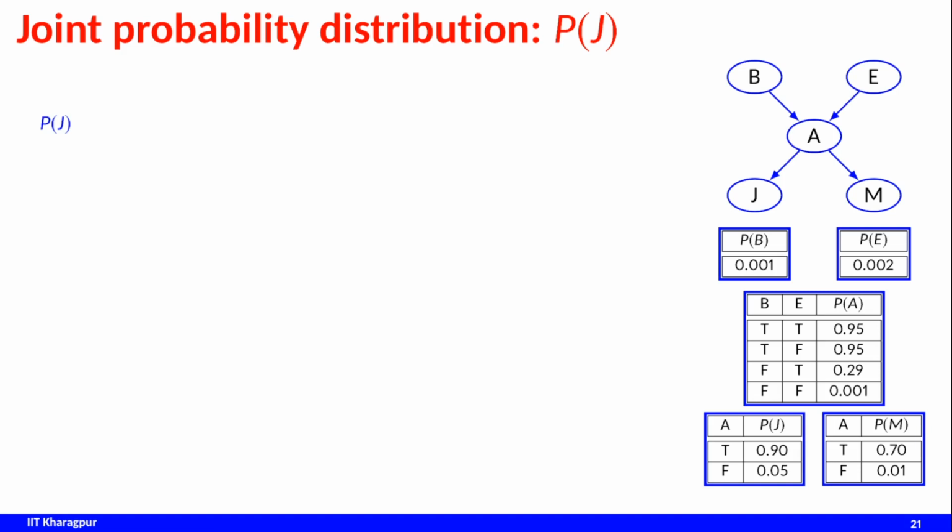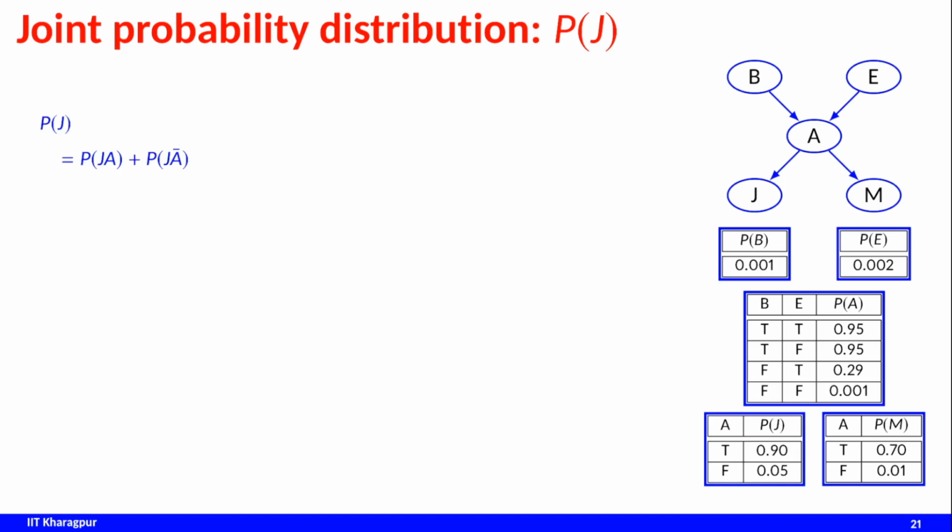If we can find these two values, then I know probability of J, because only A is influencing J. So there are two possibilities for A. Under these two circumstances, if I can find out with what probability J is happening, then I can find out P of J.